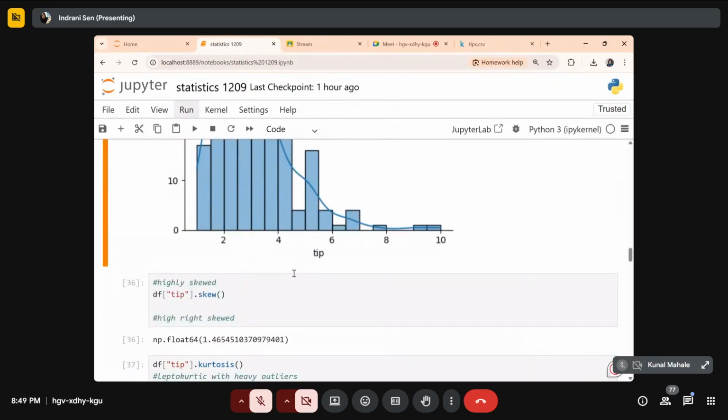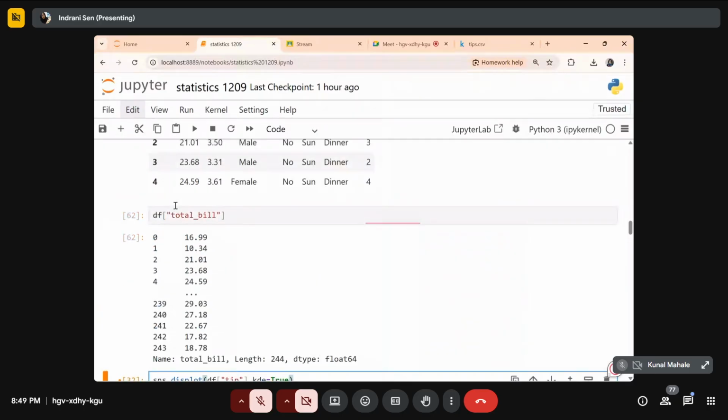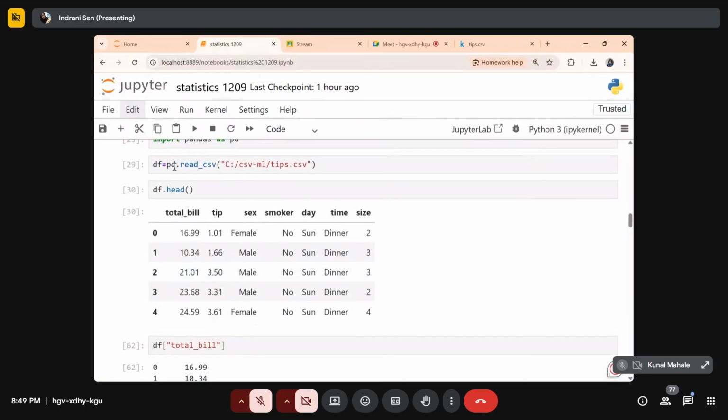Up till this you understood. So in any column, you just write the name of the data frame you have created. Like we have imported this data frame with read.csv from pandas, which reads the data frame from the CSV file, and this is the location of the CSV file.